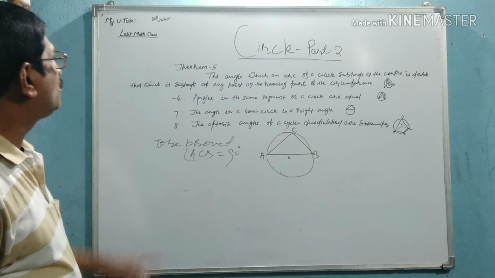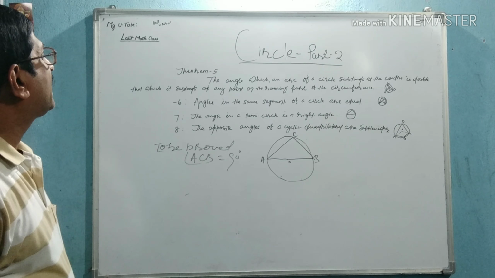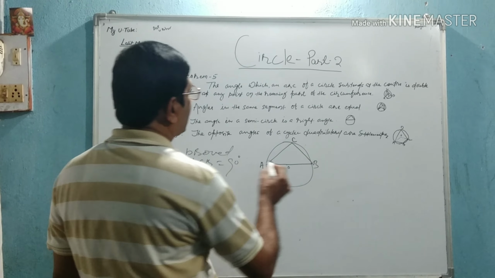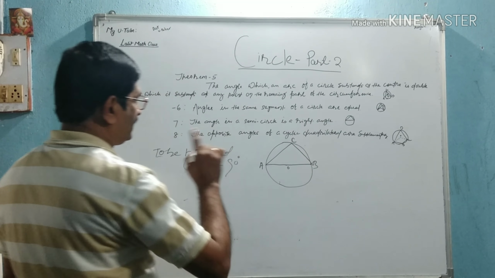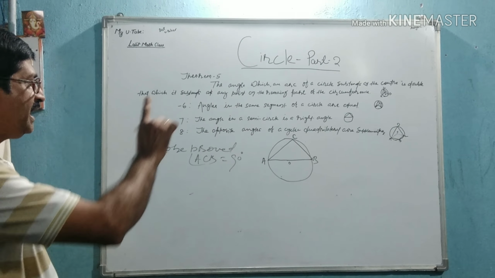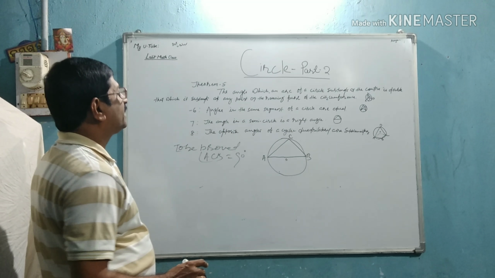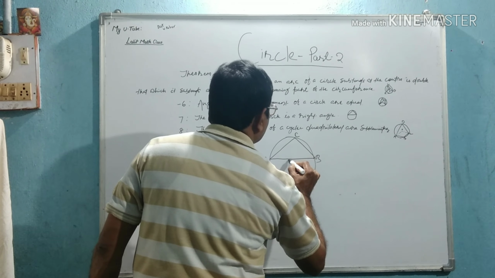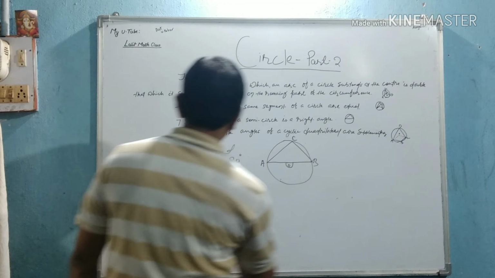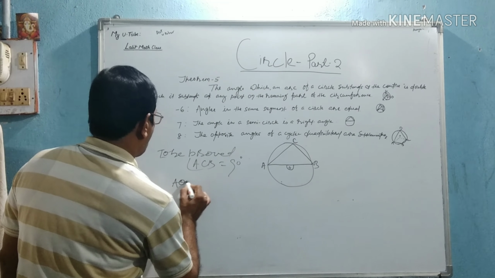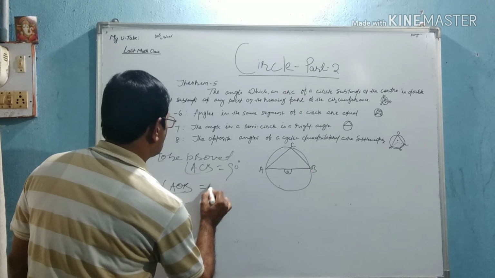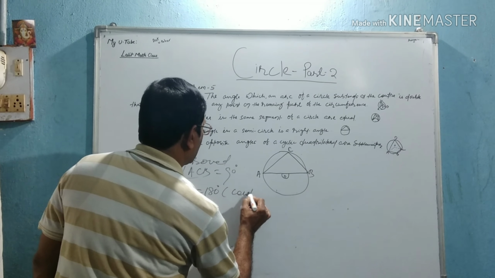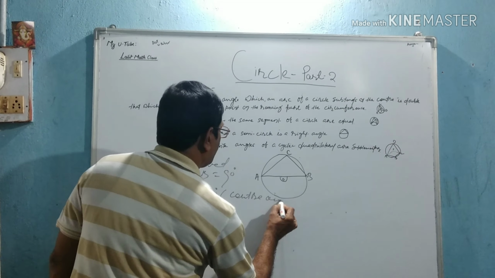And the same theorem, just to remember, that an arc which subtends an angle at the center, that angle is twice the angle at the remaining part of the circumference. Here, the arc AB has subtended this angle. Your AOB angle equals 180, and that is your center angle in this case.